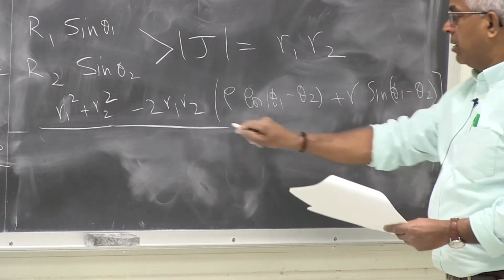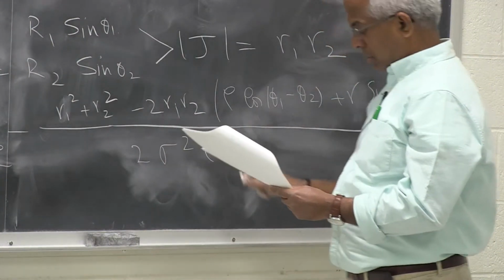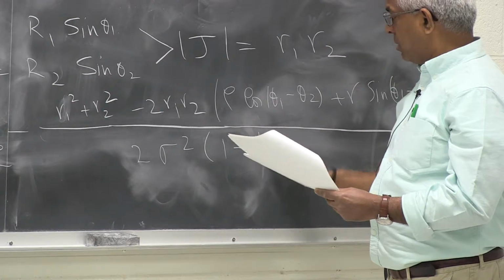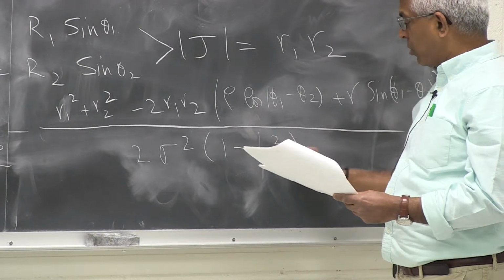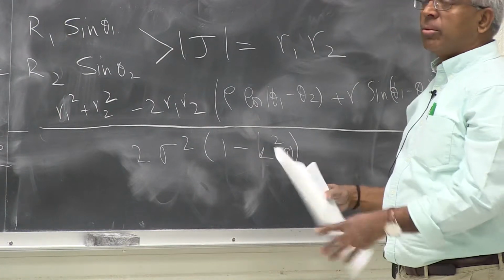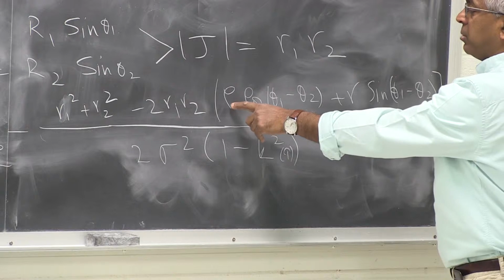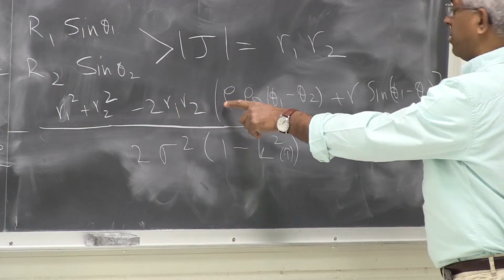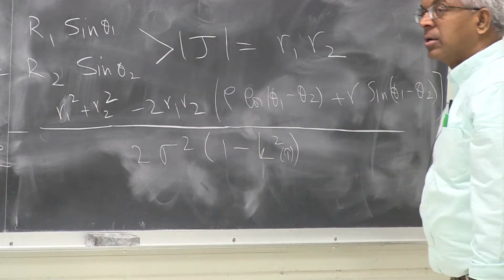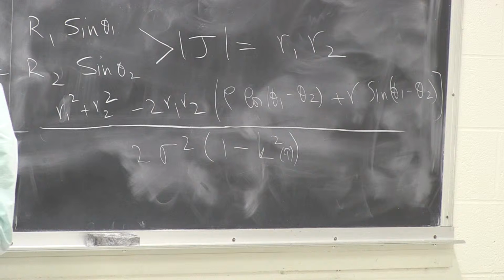The whole thing is divided by 2 sigma squared multiplied by 1 minus k squared. Of course, k squared is a function of tau. I'm going to make one more simplification because I can multiply and divide by the square root of rho squared plus gamma squared and rewrite this.